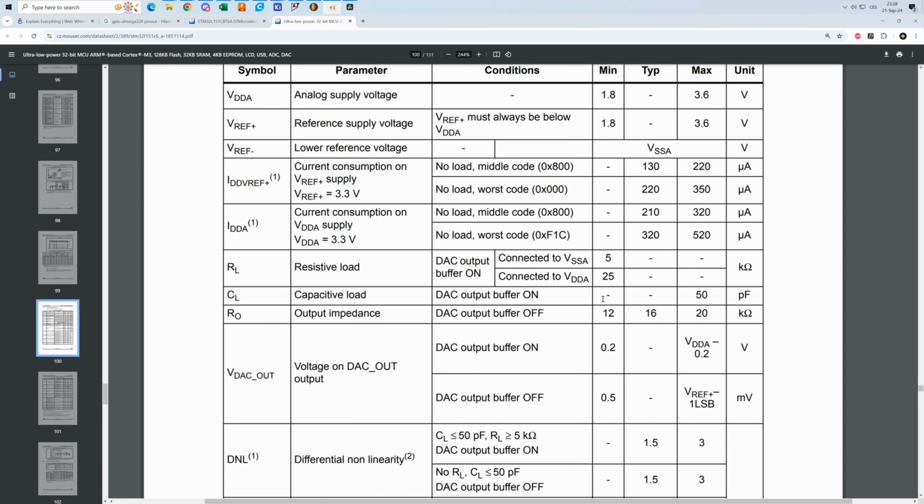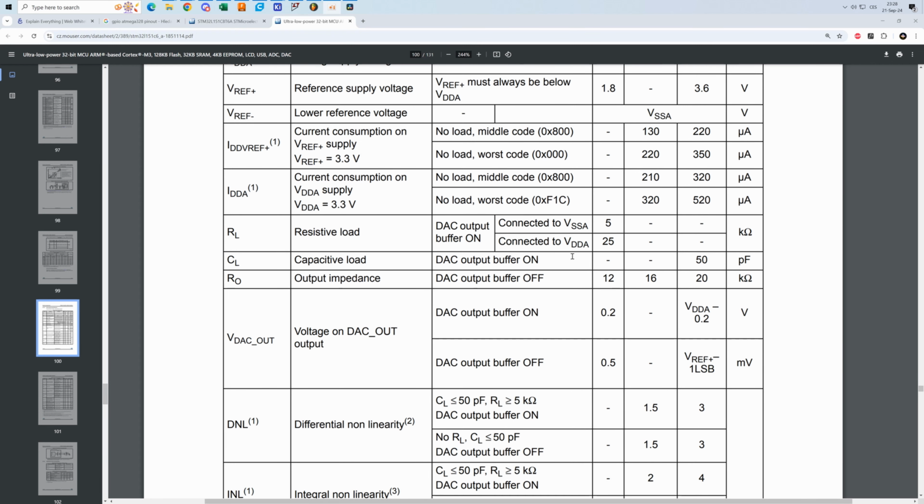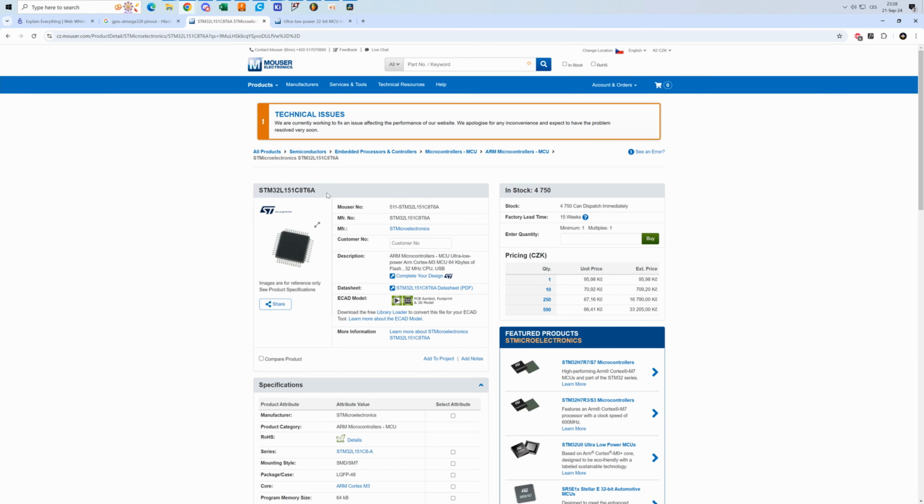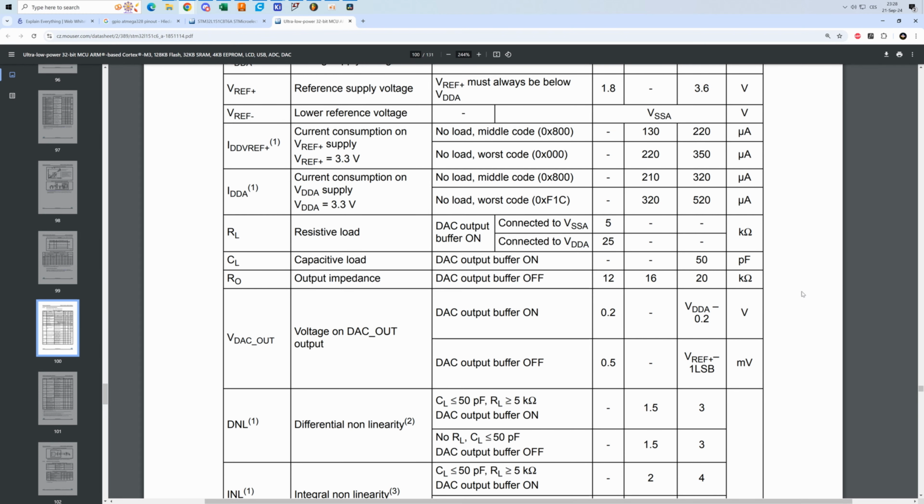So here you can see exactly what I'm talking about. This is a data sheet of an STM32L151, which is a microprocessor that I have been working with recently. And in this case, there is this output impedance without the output buffer, and it claims to be around 16 kilo ohms. So that's way less than the 1 mega ohm I was talking about before, but it is still very high impedance, right?